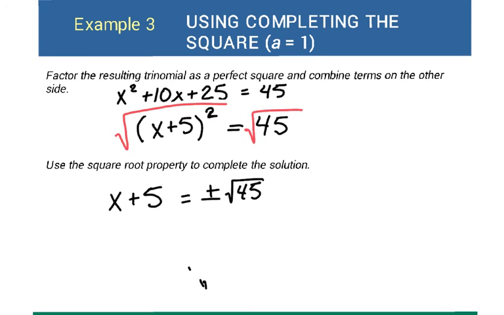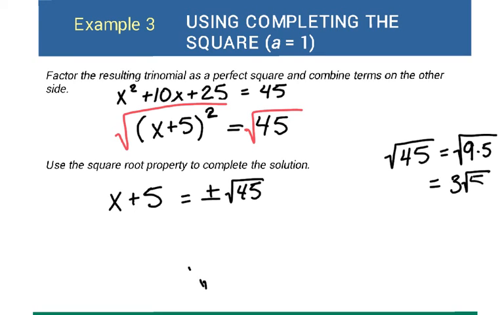Now, again, we can break this 45 down into two different factors. So let's do that. The square root of 45 breaks down to 9 and 5, and we can take the square root of 9, that's 3.